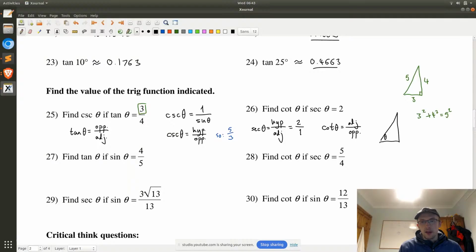We're going to have theta there, the focus angle theta in the corner. We're going to have the hypotenuse be 2 and the adjacent be 1. And we want cotangent of theta, which is the adjacent divided by the opposite.